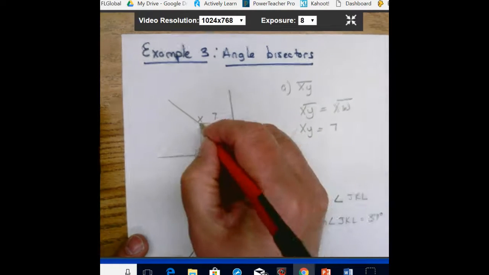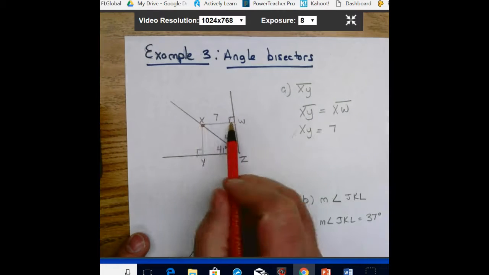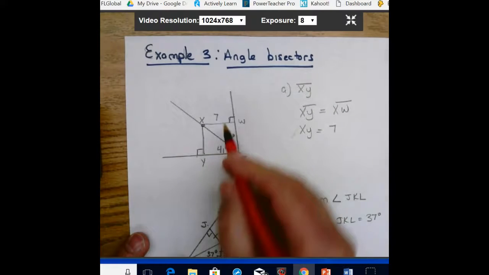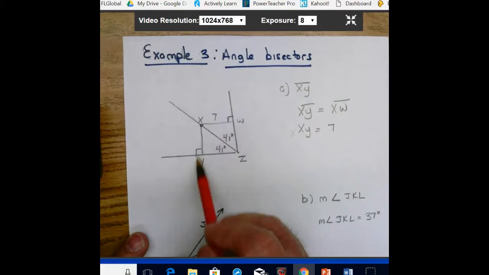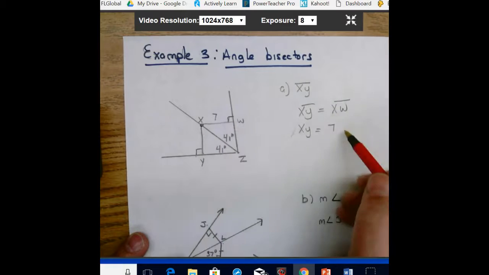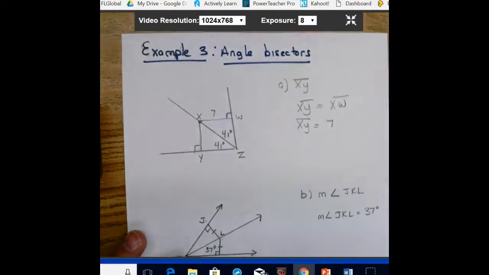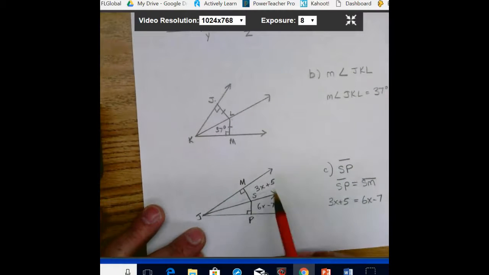So if this is a point and this is perpendicular, then it's going to be a certain distance. We know if we draw a perpendicular line from this side, it's going to be the same. So then we say XY, right here, equals XW. And if XW is 7, XY is 7. That's that example.